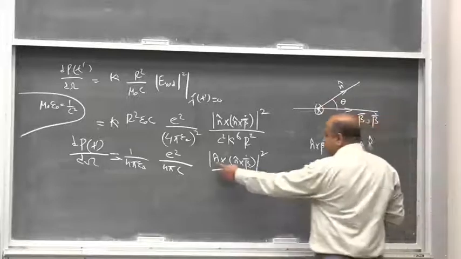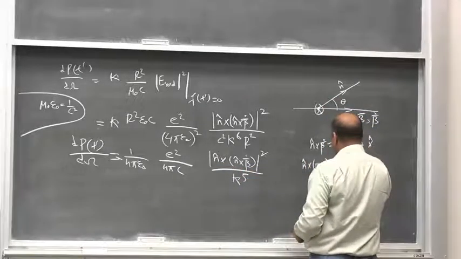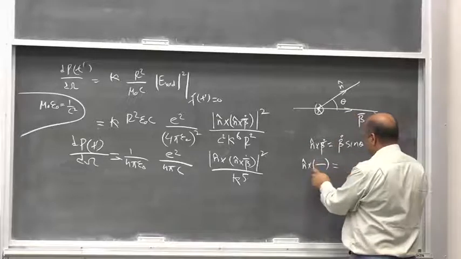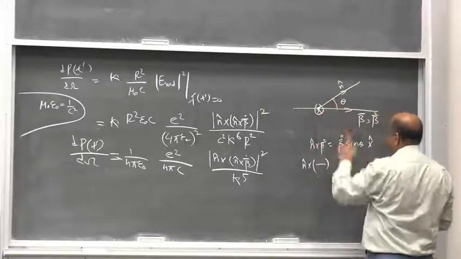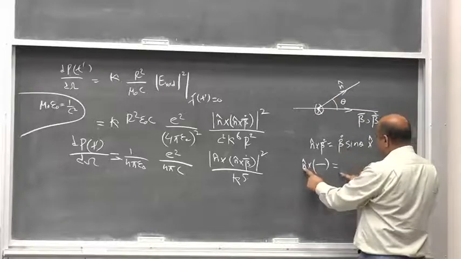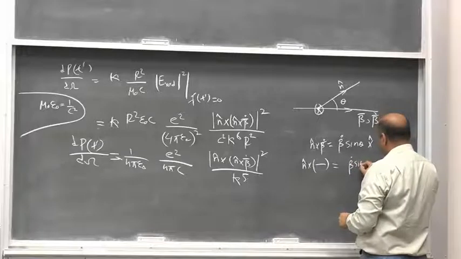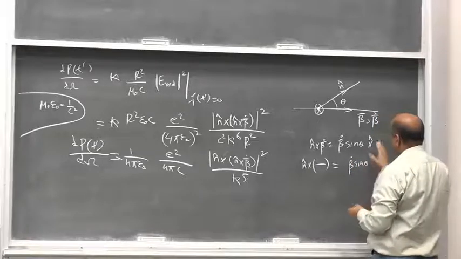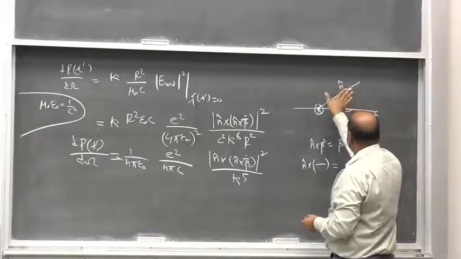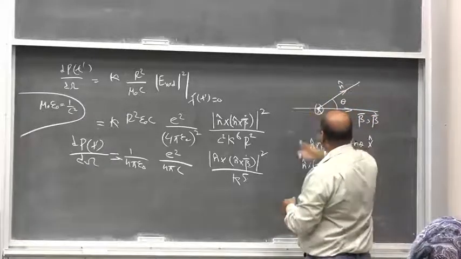So then n cross all of this is, so this is n, and n has magnitude 1, this vector has this magnitude, and what is n cross x? So this is n, so n cross x is some vector in this direction.